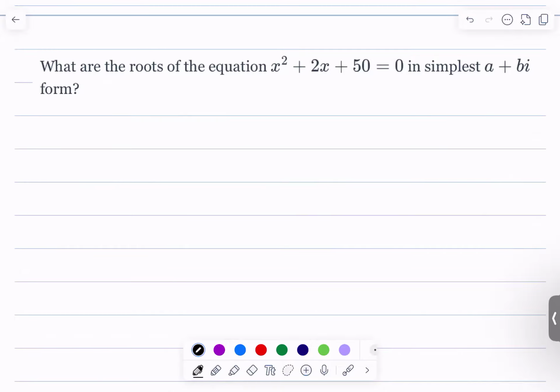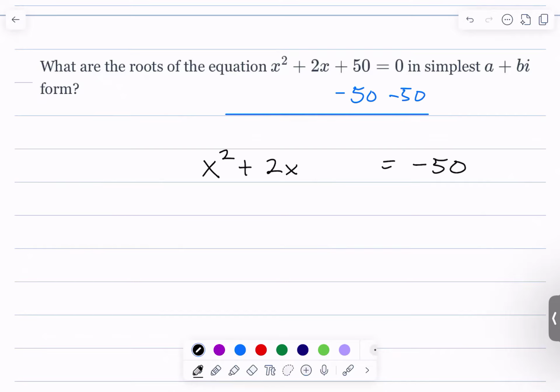So my first move in completing the square is to subtract 50 from both sides because I need my constant to be on one side by itself. Right? Okay. And then we are going to check this coefficient.